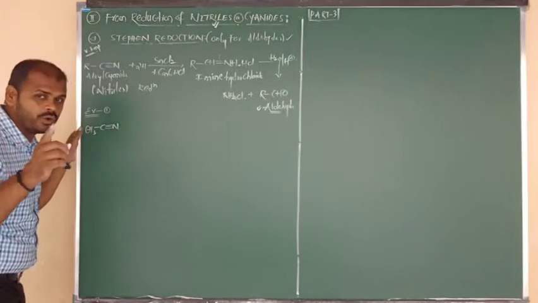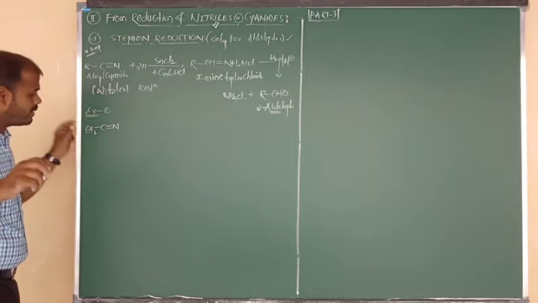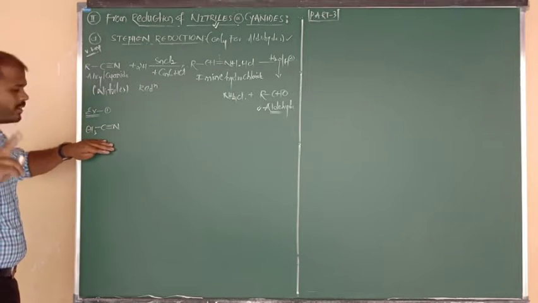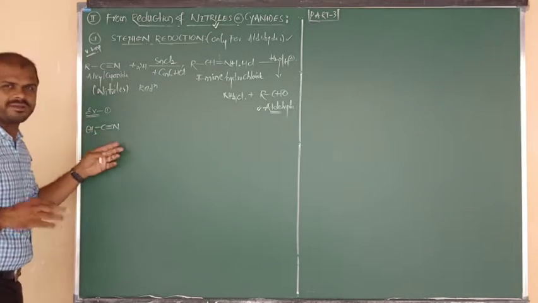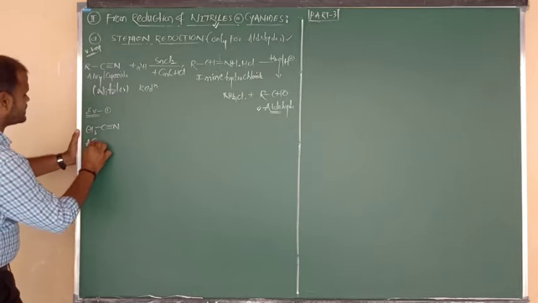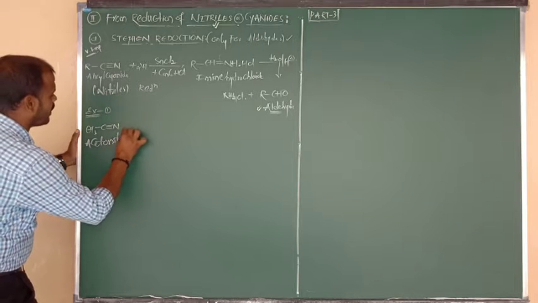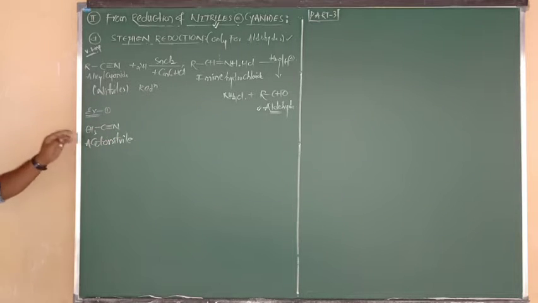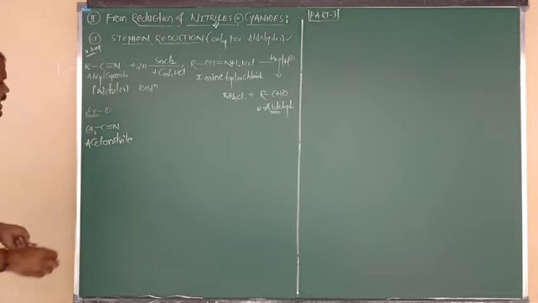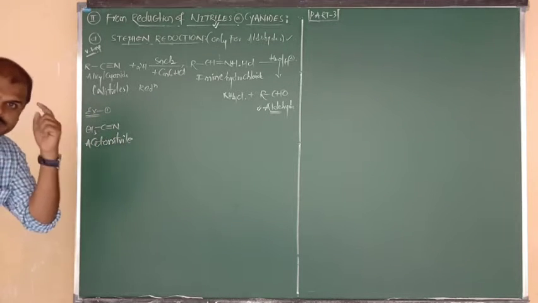But I have told you, if you don't know, now guarantee remember. Very very important. So for this we can write 2 names. One is methyl cyanide, but that is the common name. Try to focus on the other name, beta. This is called acetonitrile, and also we can say methyl cyanide. Both are the same. Fixed in mind?